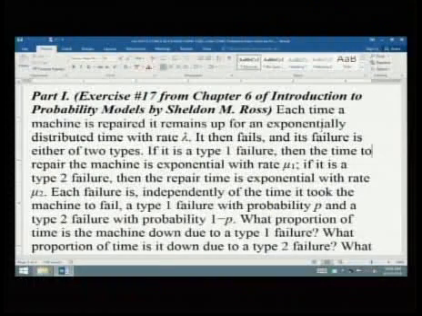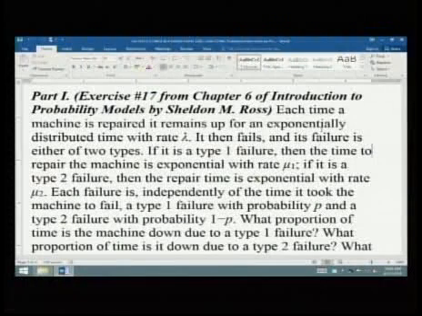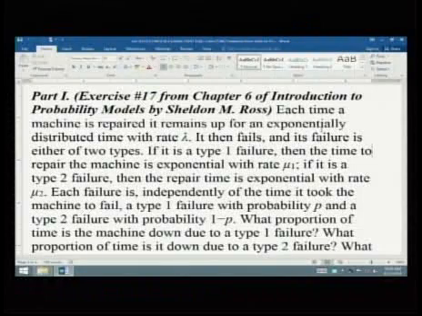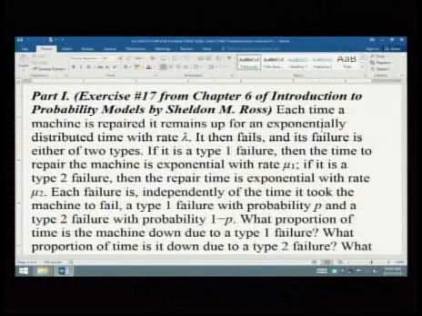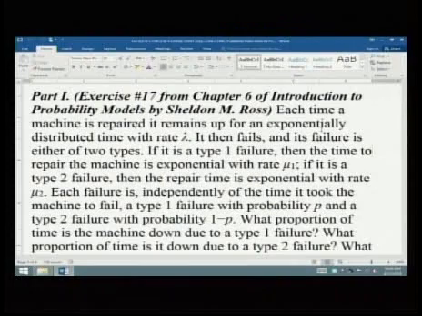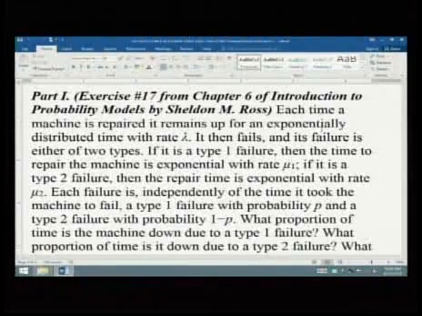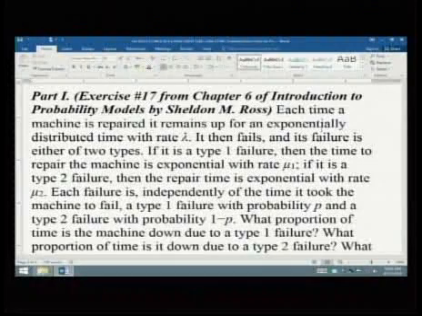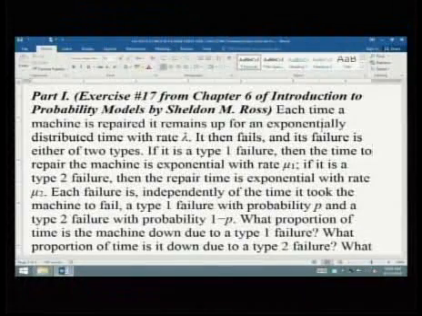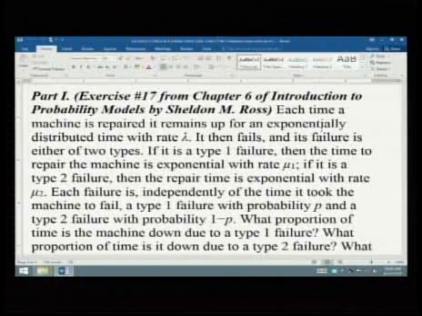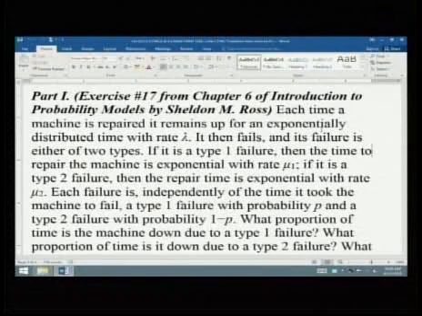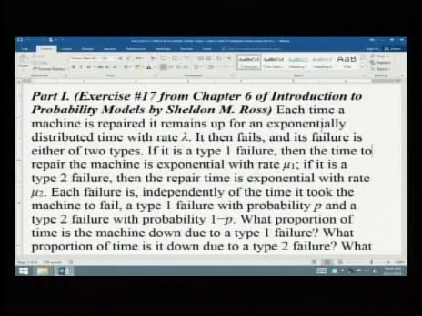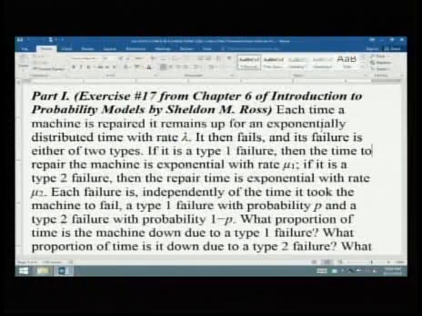If it is a type 1 failure, the time to repair the machine is exponential with rate mu1. If it is a type 2 failure, the repair time is exponential with rate mu2. Each failure is, independently of the time it took the machine to fail, a type 1 failure with probability p, and a type 2 failure with probability 1 minus p.